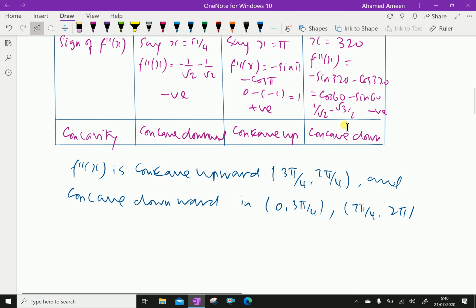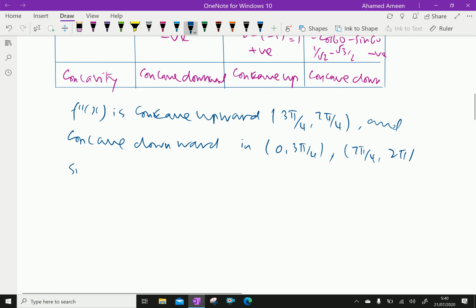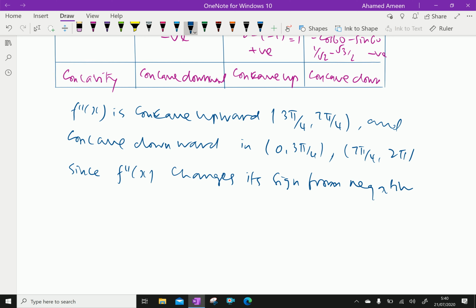Therefore, since f 2 dash of x changes its sign from negative to positive at 3 pi by 4.